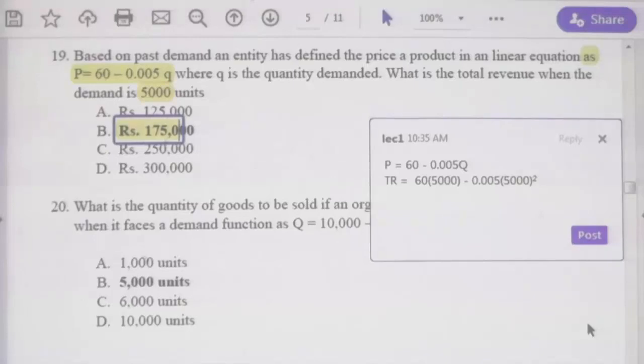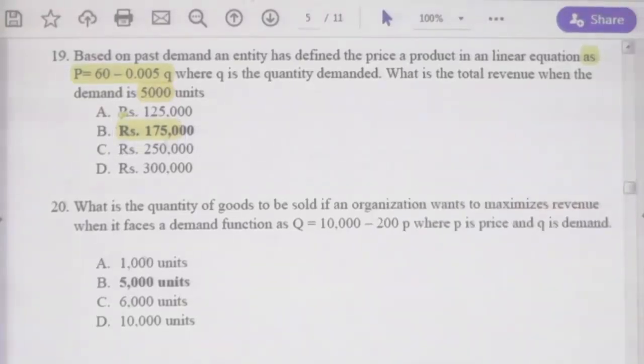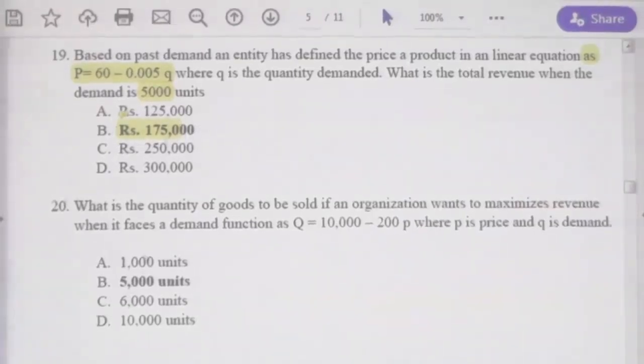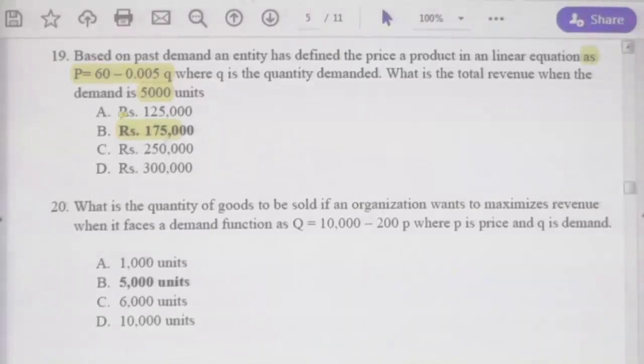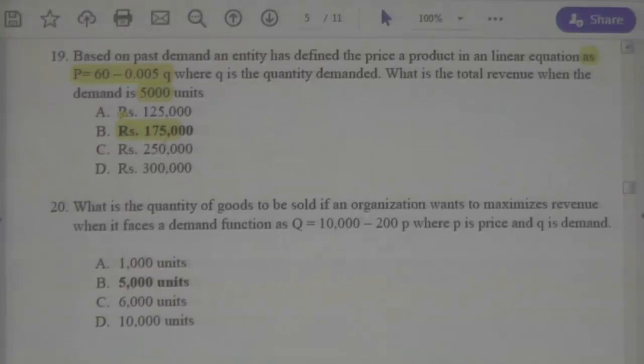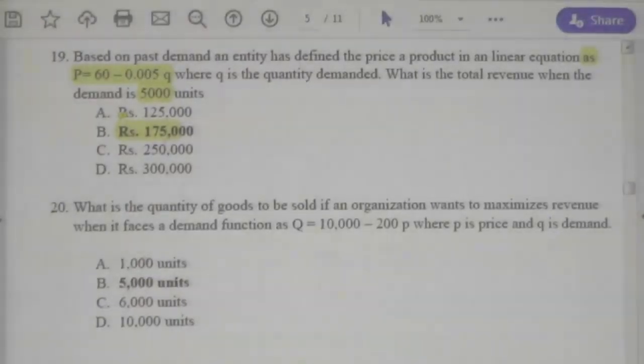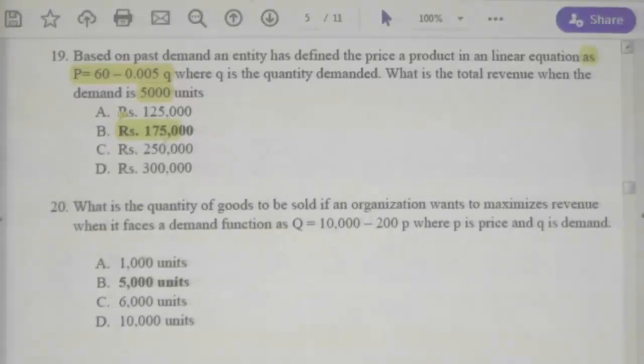Now let's take question number 20. Read the question number 20.